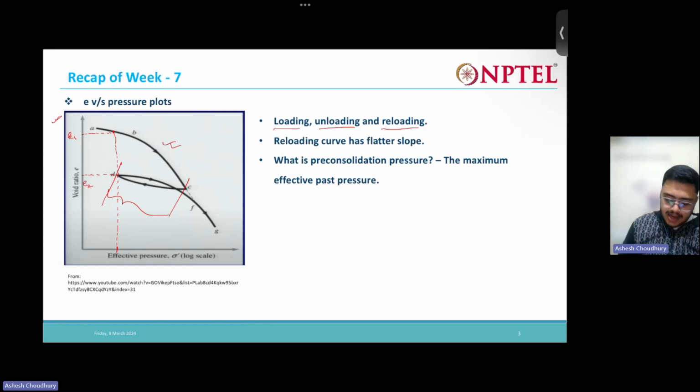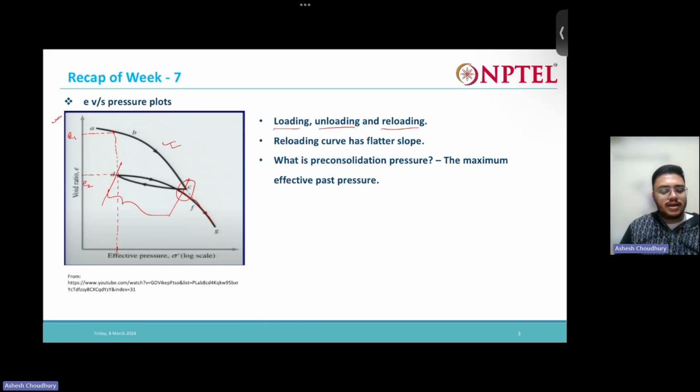And then again, as we cross the point C, you can see the curve is getting steeper again. This FG curve is quite steep, right? So this is how the void ratio versus pressure plot actually looks like.